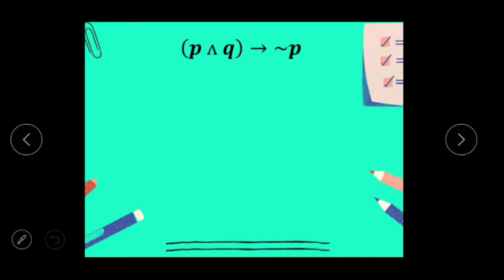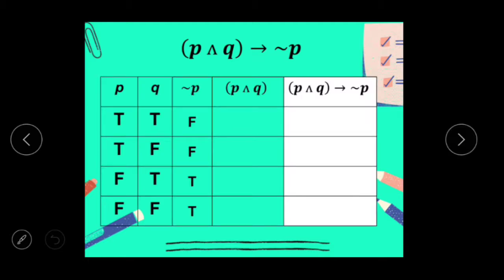Next is quantity P and Q implies not P. So, ito, dalawa pa rin, P and Q. So, apat pa rin yung rows. So, ito, nilagay ko na yung not P. Ayan. So, P, Q, not P, P and Q, at saka itong last natin. Ayan.